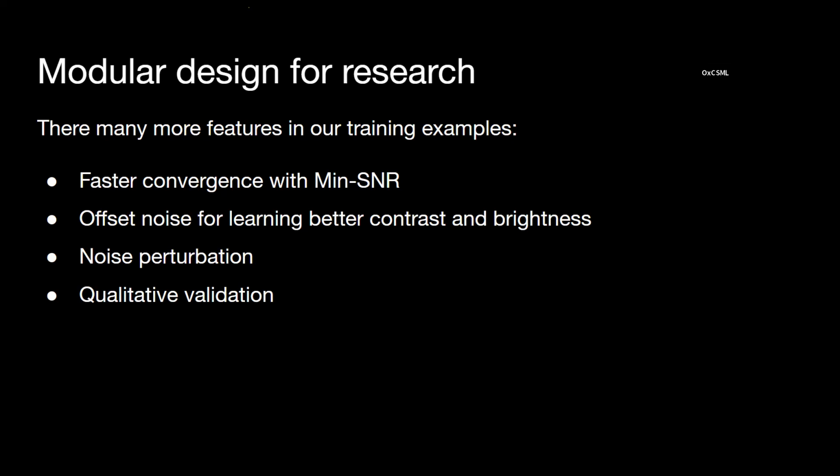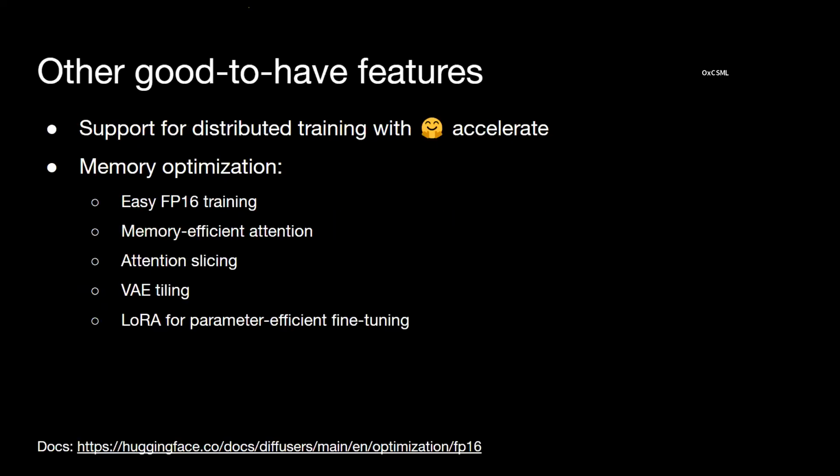If it's learning properly, then the quality should improve. So all of our training scripts have got qualitative validation baked inside of them, so as to give you all the firepower that you need to experiment with them as quickly as possible.